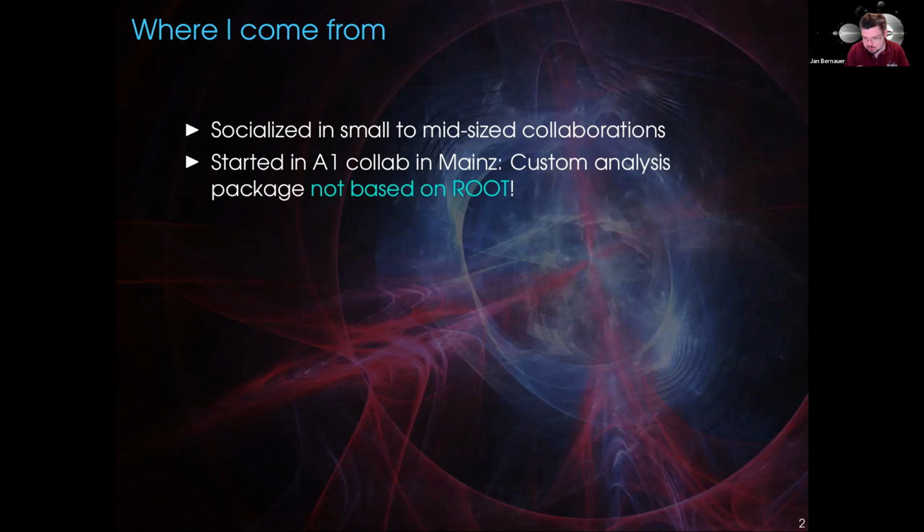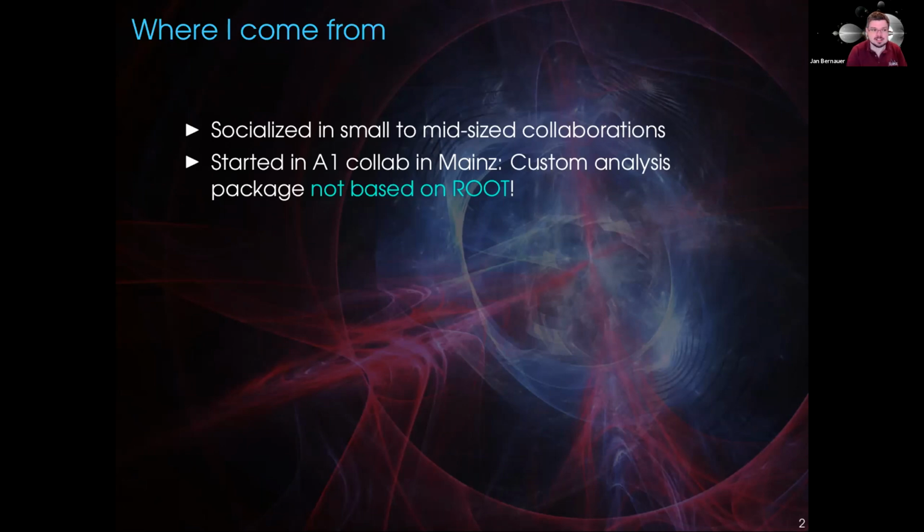So just to frame this a little bit, the physics side of me was socialized in these small and mid-sized collaborations, right? So growing up in Mainz and studying there, the A1 collaboration isn't that large. And it's actually quite special because it's one of the very few collaborations I know which are not using root.